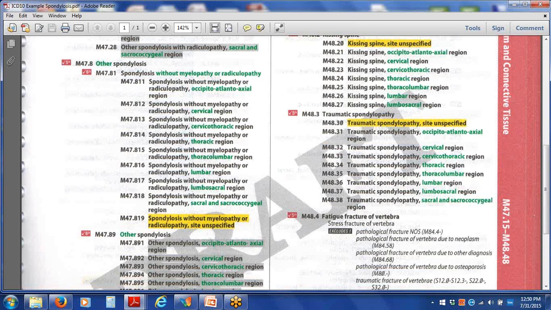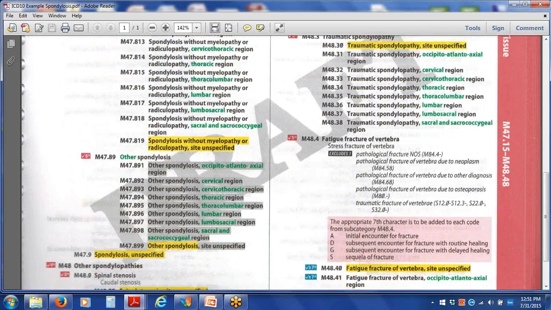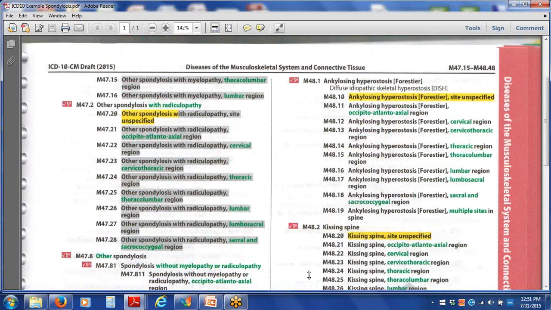It's going to want to know the region of the spine. So you will need to make sure that you have all of these mapped out for the different regions of the spine, okay? Or have a good mapping book such as the AMA book or the ICD-10. Let's take a look very quickly.